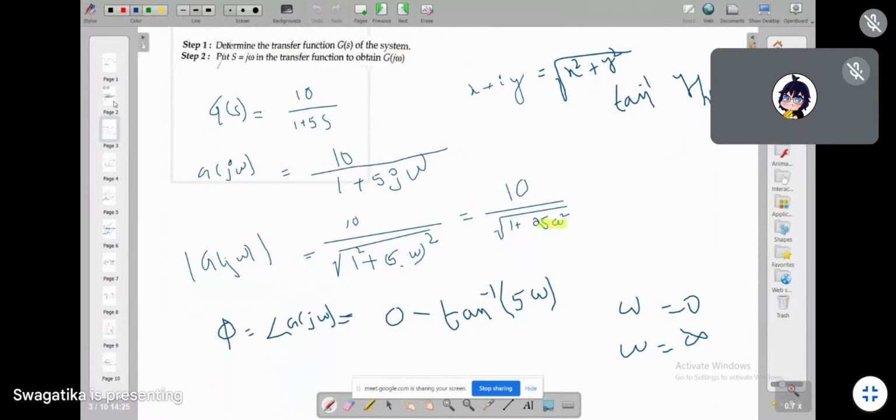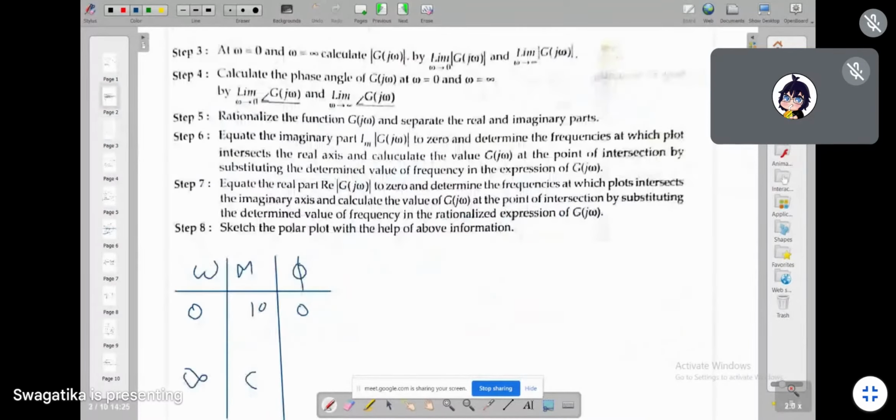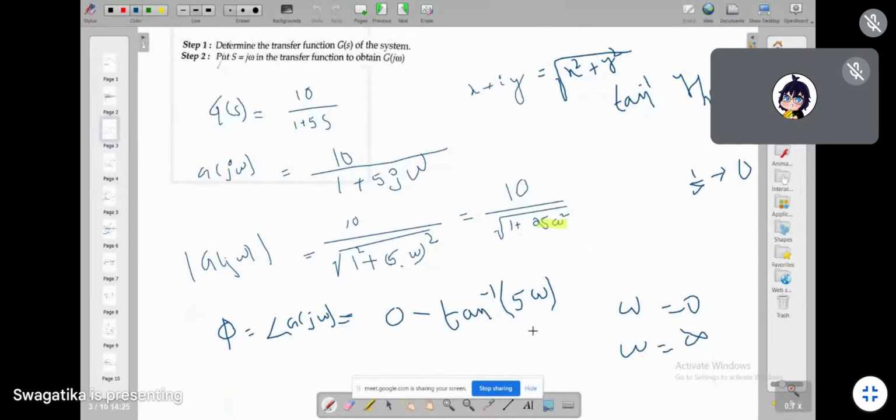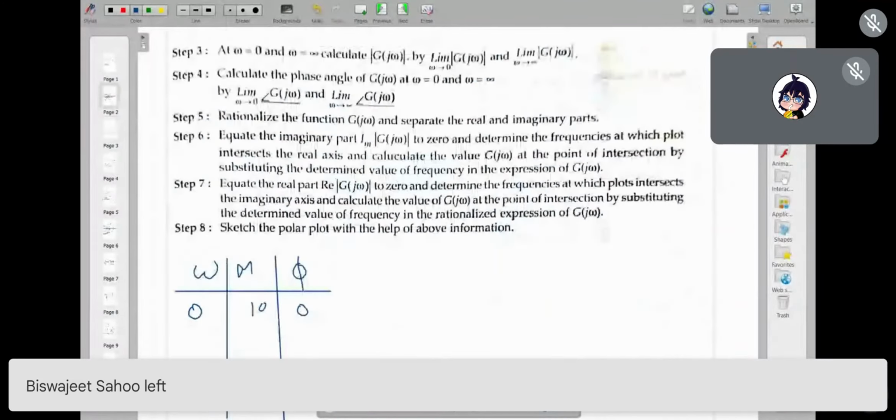Anything divided by infinity is 0. So at omega equals to infinity the magnitude will be 0. Now the phase, tan inverse infinity will be minus pi by 2, that will be minus 90 degree.